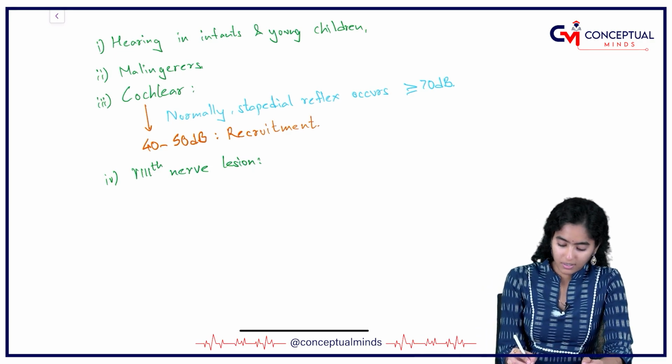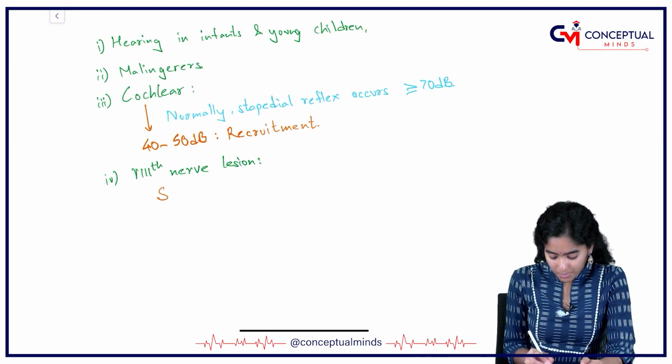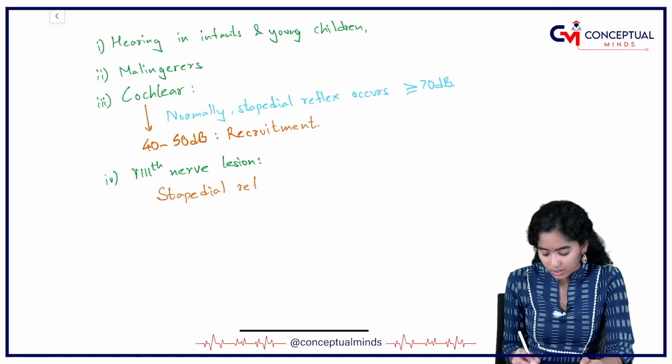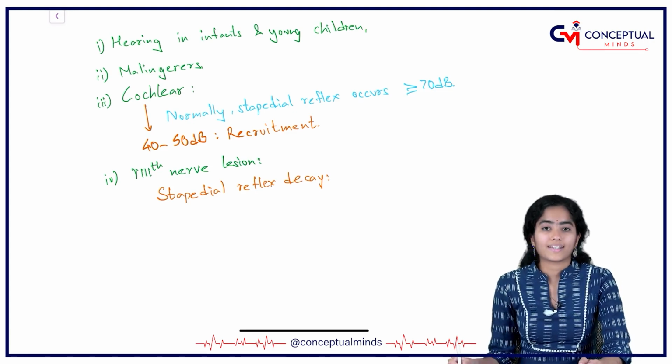We call it stapedial reflex decay. What is this? If there is eighth nerve lesion, it exhibits a phenomenon called stapedial reflex decay. What does this mean?